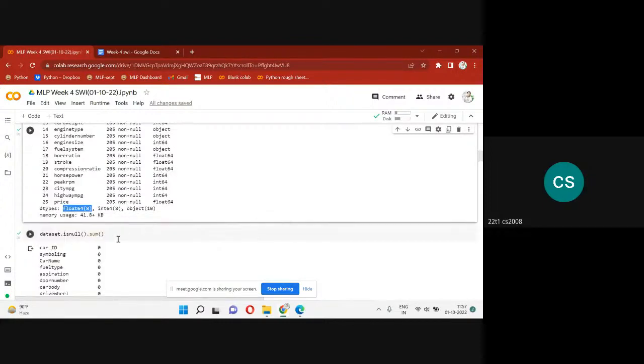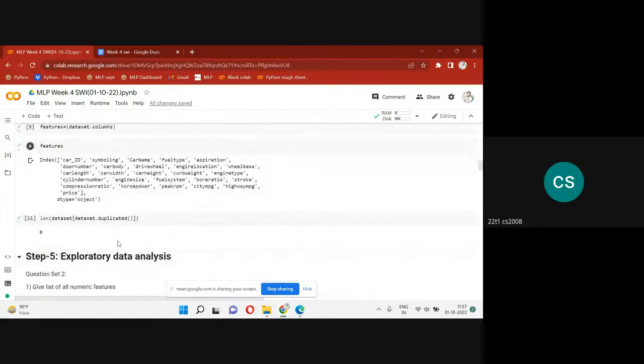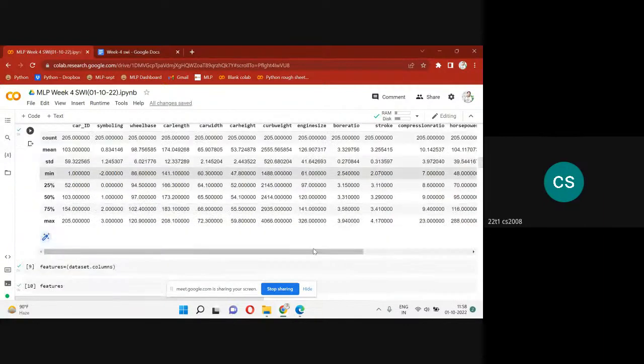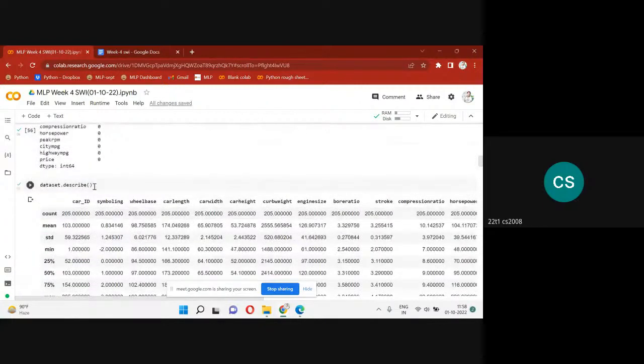So that can be one way, and we can also take benefit of these operations. Since we know that dataset.describe is giving all the columns inside this data frame which are numerical type only, if we write .columns after this, it will also give you the list of all the columns available here, which is ultimately numerical columns only.